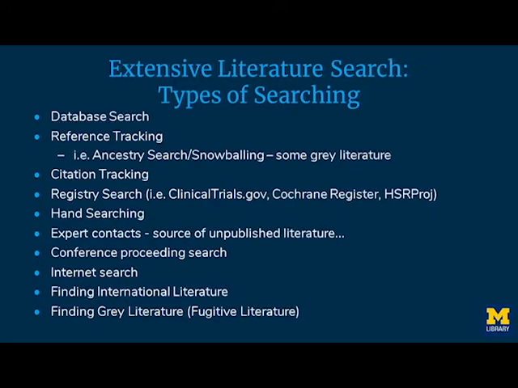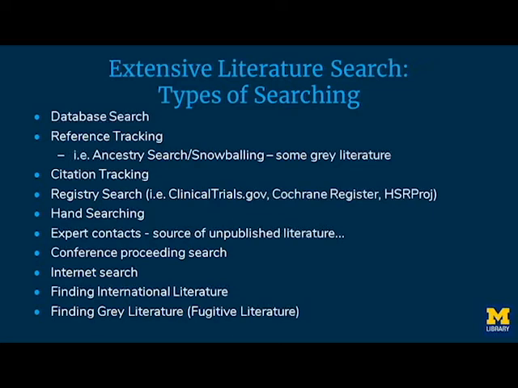The first one is database searching. That's when you may search PubMed, or databases such as CINAHL, or you may look at Embase or Scopus. Reference tracking, and some of you may have done this, is when you are looking for articles from the bibliography of an existing paper.